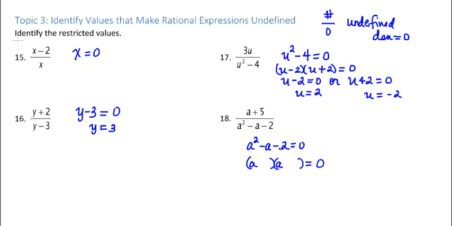The factors of 2, whose difference is 1, would be 2 and 1. They have to be different signs, with the larger one being negative. So setting a minus 2 equal to 0 gives us a restriction of a equals 2, or a plus 1 is equal to 0 to give us a restriction of a is equal to negative 1.